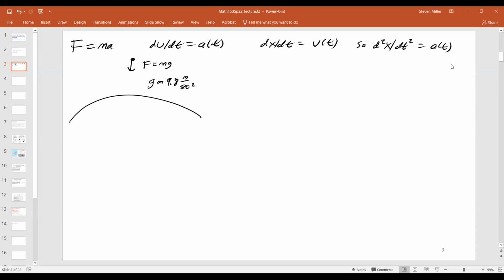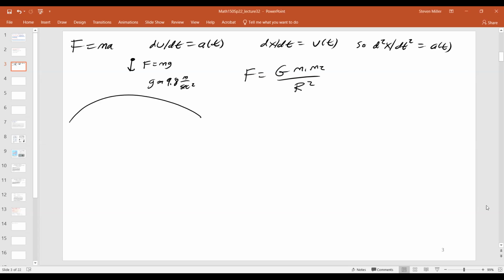The way you calculate the force is G m1 m2 over r squared. The radius of the Earth is about 6,300, 6,400 kilometers, so about 6,000 kilometers.